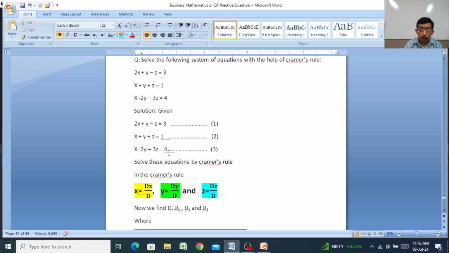If you take any equation and put the values of x, y, z, if the LHS equals RHS, then your answer is right, otherwise if LHS does not match RHS, your answer is not right. Is it clear everyone? This is the solution of the linear equation with the help of Cramer's rule.